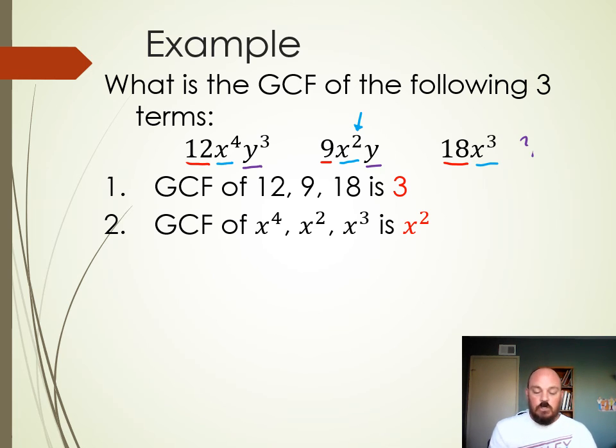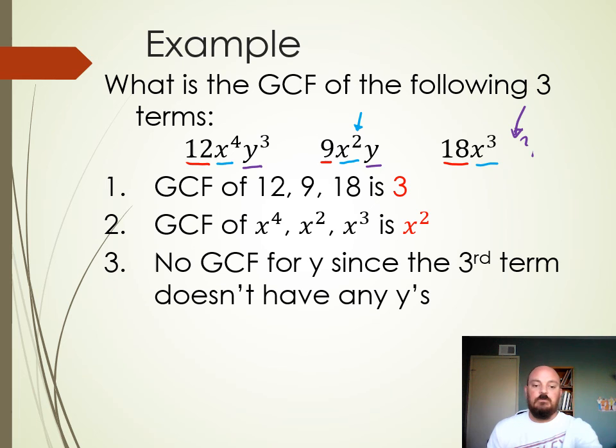You can't have a common term if there isn't one of those terms in there. So as soon as you see that any of the terms does not have one of your things in it, your number or your variable or whatever, then that is not part of your answer. So we don't have a GCF for y, because the third term doesn't even have a y.